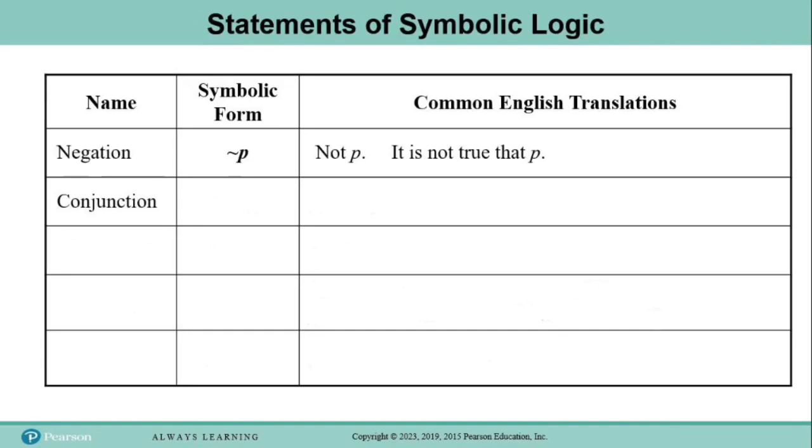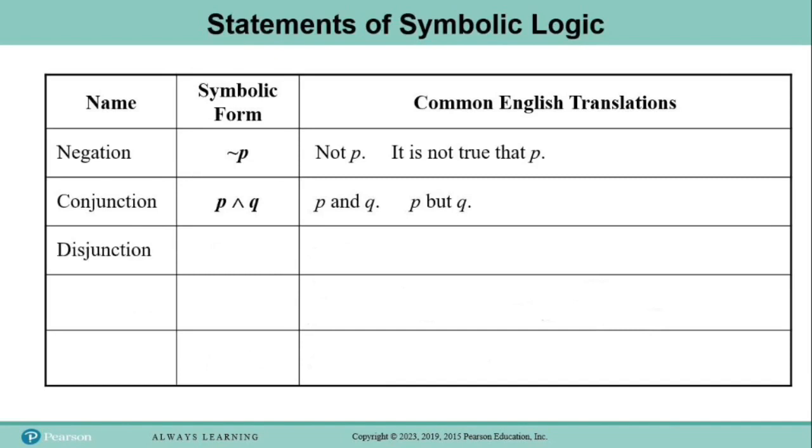The symbol for that was the upside down V looking symbol. So this is read "P and Q." So it can look like that in English, "P and Q," but we said it could also be "P but Q," or "P yet Q," or "P nevertheless Q."